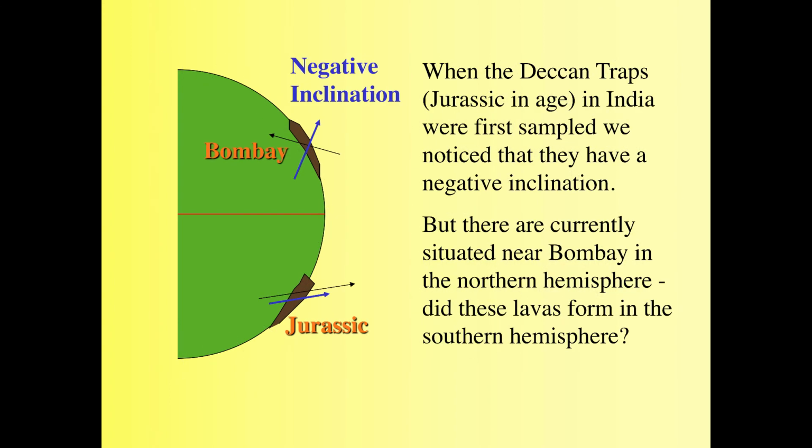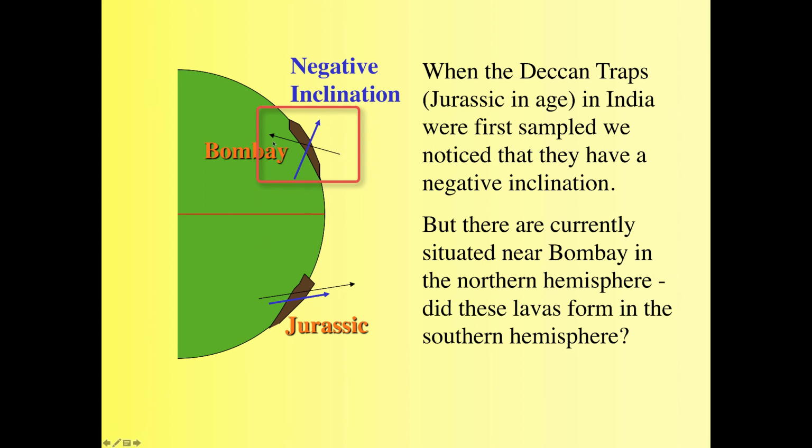Now, this little observation was used quite early on in the history of paleomagnetism to come up with a fabulous demonstration of continental drift. And it was done in India on a bunch of lava flows called the Deccan Traps. And when they were first sampled, everybody noticed that it had a negative inclination, represented by this blue arrow here.